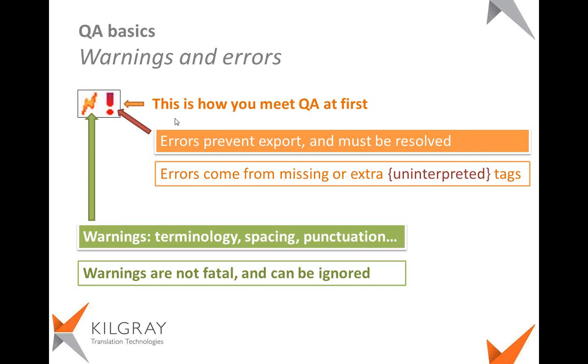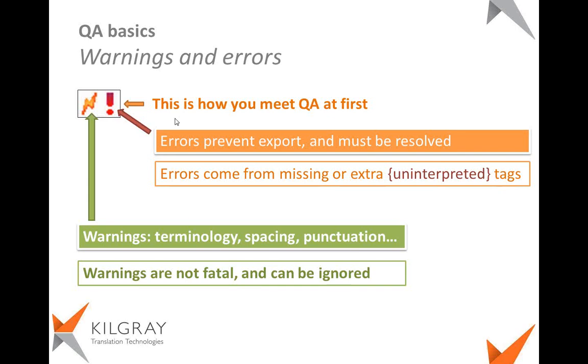These are the uninterpreted formatting tags that mean that MemoQ knows that there is some sort of formatting instruction or image or whatever in the text, but it doesn't know what it is. What you need to do is to make sure that the same uninterpreted tags appear in the source text and the target text. And of course, you can make changes to the target text, to the translation.